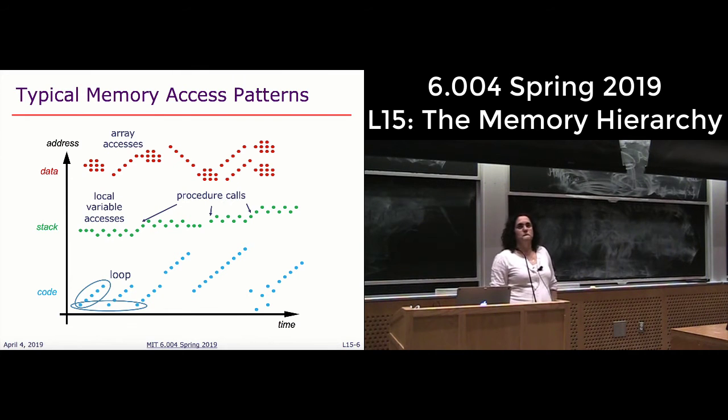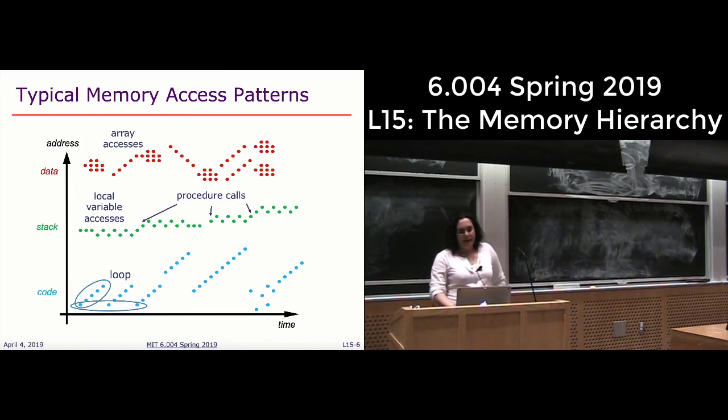Yep, a loop, exactly. And what we see here is that I have both spatial locality and temporal locality coming into play. The loop is more than one instruction, so I'm fetching and executing a number of instructions that are sequentially next to each other.